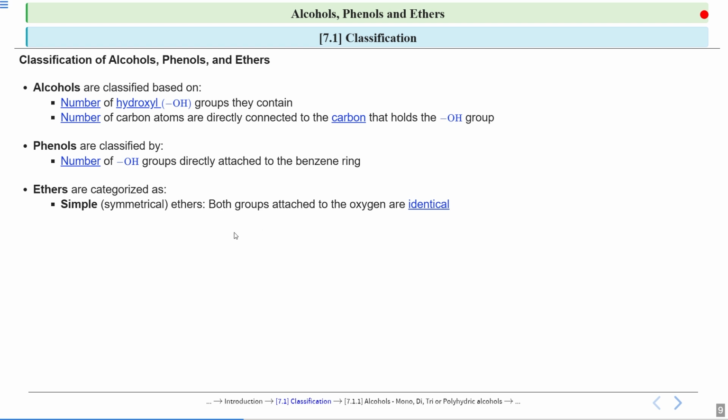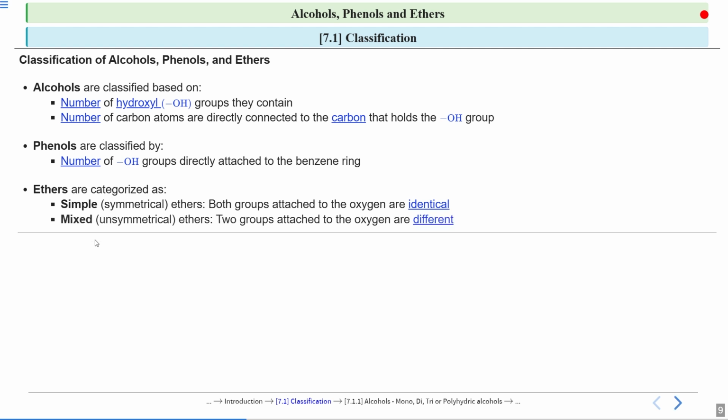If those two alkyl groups are the same, we call that ether simple or symmetrical. The other type is mixed ethers, the opposite of simple ethers. You can also call them unsymmetrical ethers, where the two alkyl groups attached to the oxygen are different, not identical.